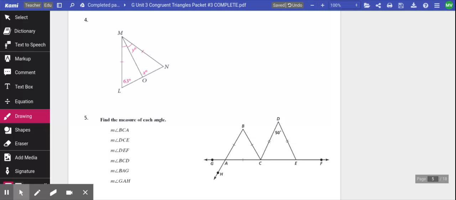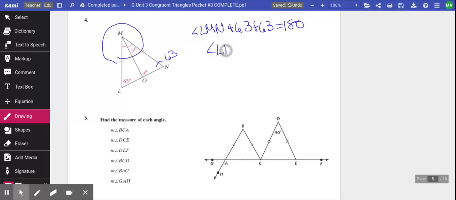Okay, so welcome back. I know in this top one that angle L is 63, therefore angle N is 63, because LMN is an isosceles triangle, and therefore angle LMN plus 63 plus 63 has to equal 180.